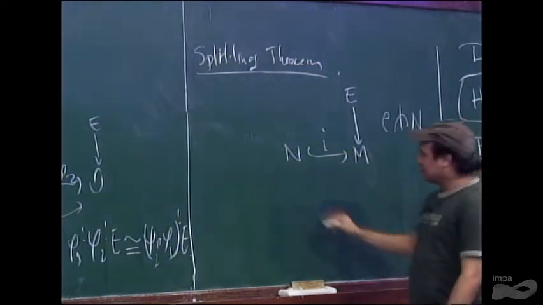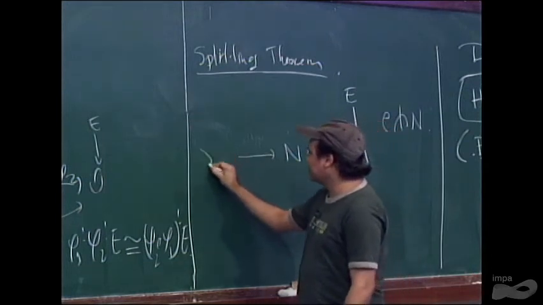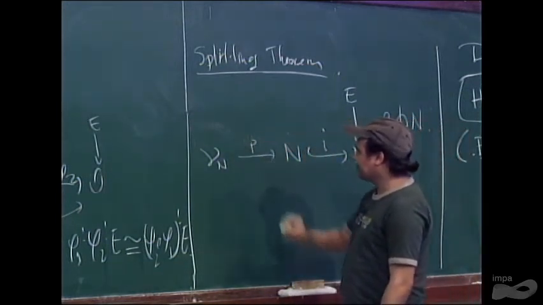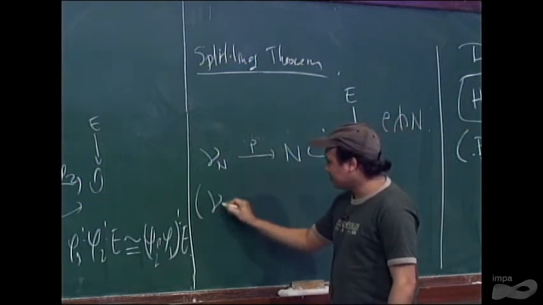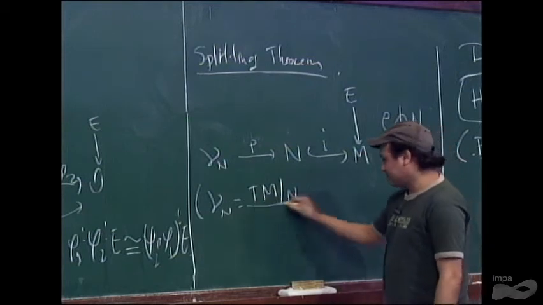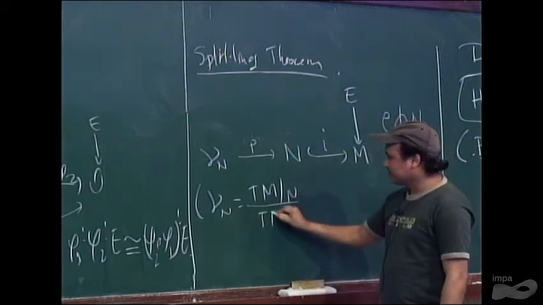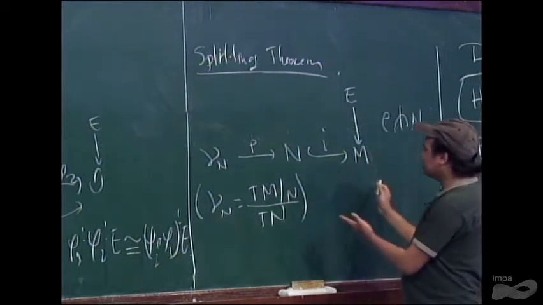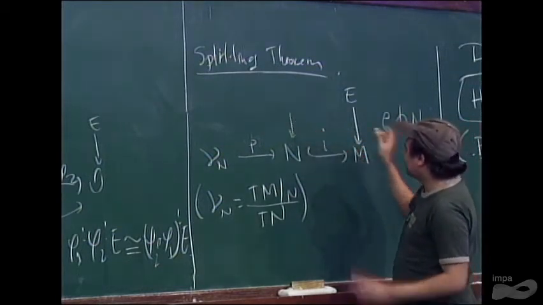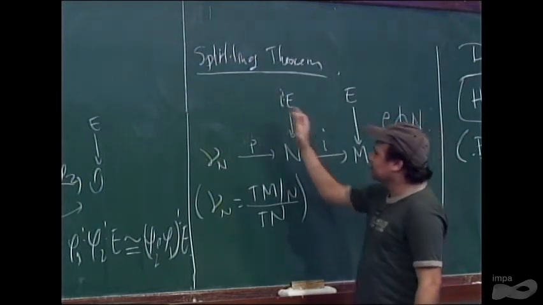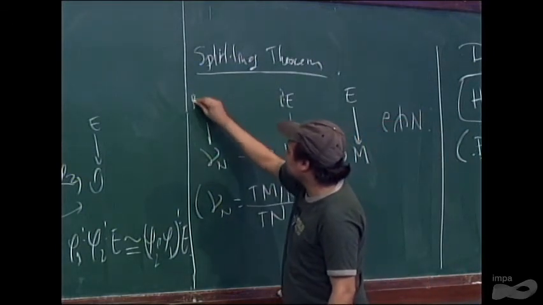And then you consider the normal vector bundle over N here, and its projection. Just recall that the normal vector bundle is the tangent space of M restricted to N, divided by T of N. And then you have this projection here, and then you can make this pullback twice. First you restrict it to E, and then you can pull it back to a bundle in here.